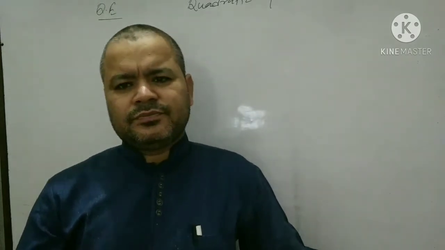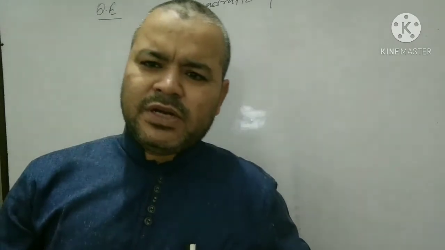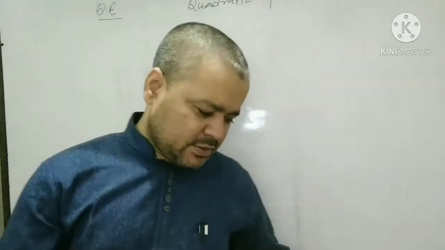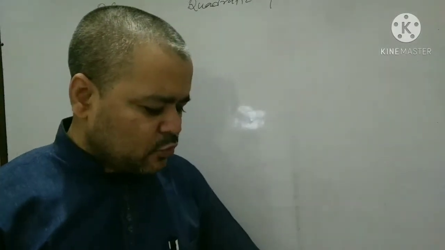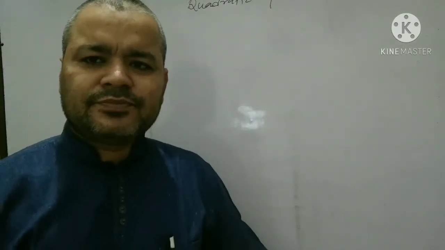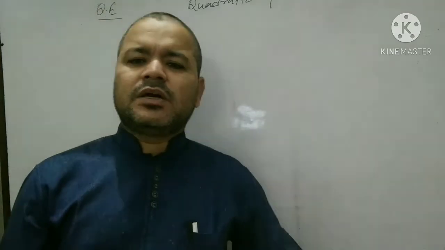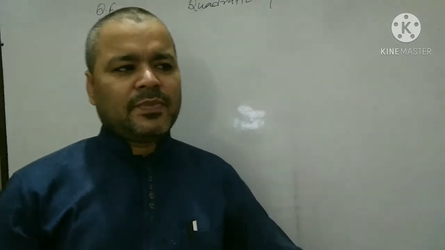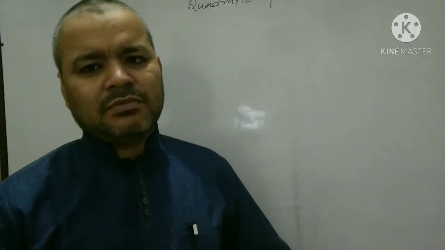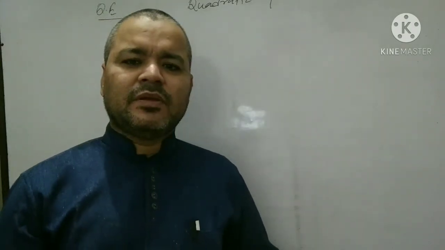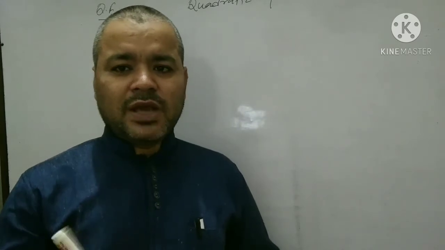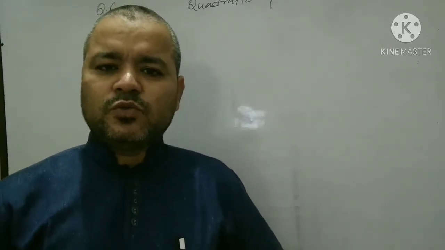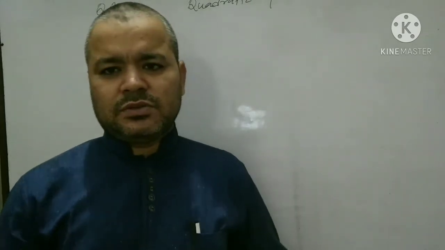Now this is our third part of the video related to quadratic equation, and in this video we will discuss the relation between roots and coefficients. We know that there are two roots in a quadratic equation on the basis of the fundamental theorem of algebra, because in a linear equation we have one root, in a quadratic equation we have two roots, and in a cubic equation we have three roots.